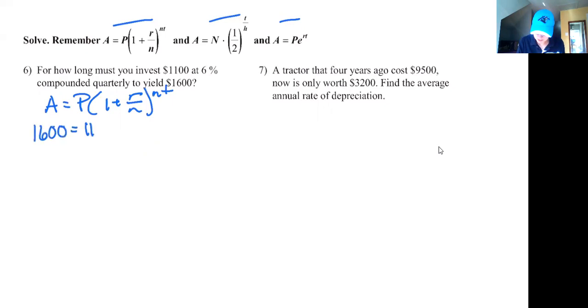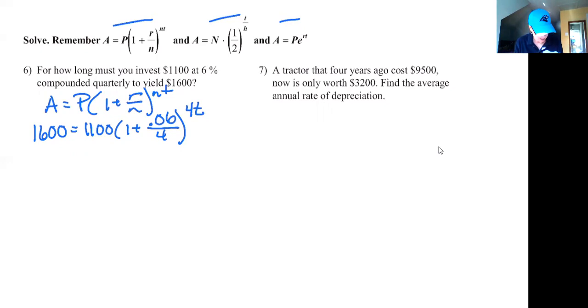I invested 1,100, and it's 1 plus my rate, 6%, which is 0.06, over n. Now it's compounded quarterly. That's 4 times a year. So I'm going to plug in my 4, raised to a power of nt. So it's 4 times a year, and I don't know how long. So that's my unknown. This is the whole reason we're learning logarithms in this chapter, because of the variable in the unknown in the exponent spot.